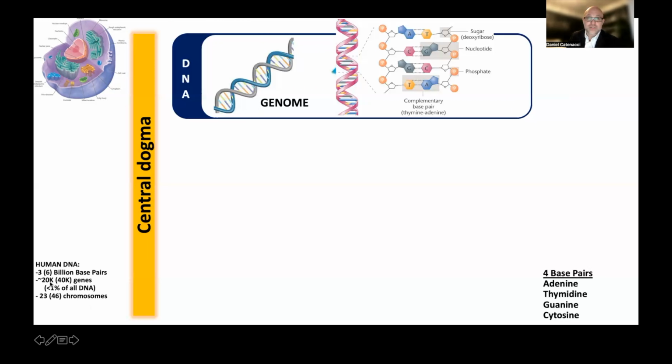Again, 20,000 from mom and another copy of each gene from dad, so 40,000 genes. There's a lot of DNA that doesn't code for genes, that is just in between the genes. And so less than 1% of all the DNA that we have is actually coding for genes. And all of this DNA resides on 23 chromosomes times 2, one set of 23 from mom and another set of 23 from dad.